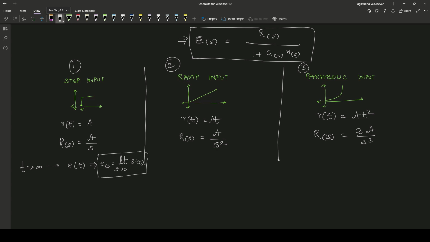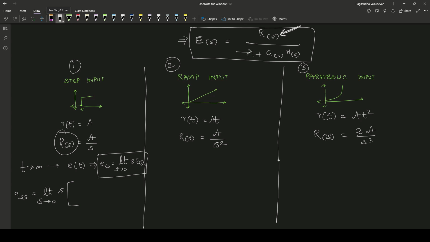Okay, so this E(s) depends upon the system input R(s), which differs for different test signals. First, we will find out that for step input, the ESS would be limit s tends to 0, s into E(s), which is s multiplied by R(s) divided by 1 plus G(s)H(s).